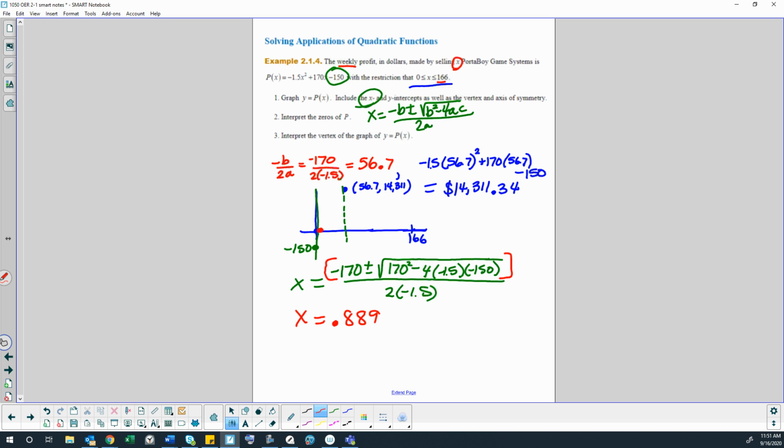I know I'm using a graphing calculator, but some scientific calculators are better than others for typing stuff in and retyping it, like having it redo it for you. Okay, 170 squared minus 4 times negative 1.5 times negative 150. Those parentheses get entered, divided by negative 3. Ta-da, 112.